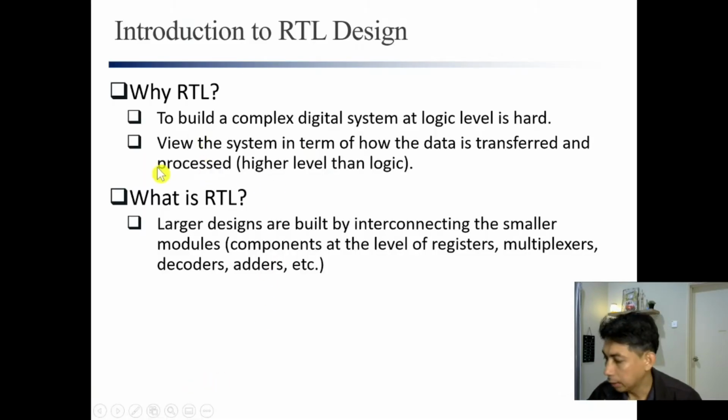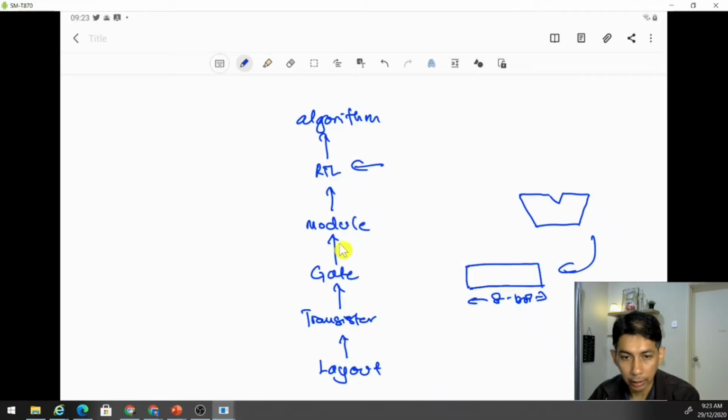So why RTL? Because to build a complex digital system at logic level is difficult. It's hard at the gate or transistor level. At this level, we have learned that creating a small circuit is easy if you have the Boolean equation, so you can straight away derive the logic circuit.